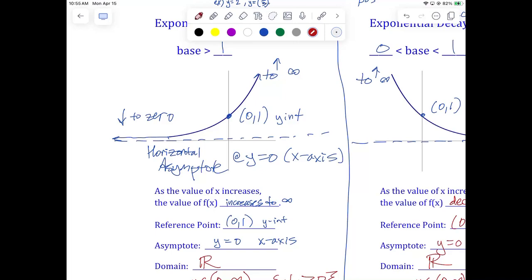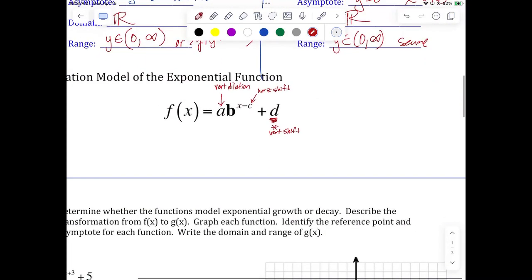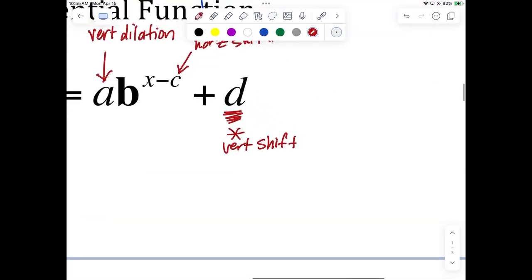On the x-axis. So if we move the entire graph up 3 units, guess where your new asymptote is? 3. So we're going to have an HA. Are you okay with me abbreviating horizontal asymptote as HA? Thank you. So we have a horizontal asymptote at y equals d. That's going to be the location of your horizontal asymptote.